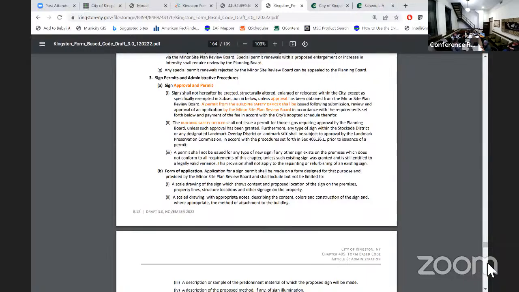Right, well, this is saying that all signs would at least go to the minor review board, which you don't want to add, every sign in the city of Kingston. Right, I mean, there's already the historic. If you're just replacing a sign in a historic district, they should go to landmarks, but if there's specific design criteria in the code that they meet, I would.